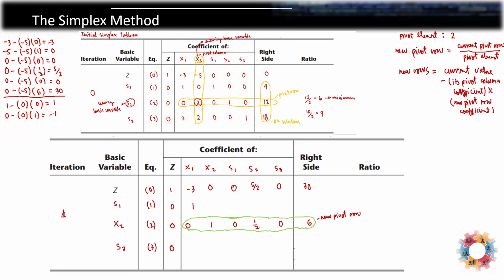Rather, that's 0. Next, you have 1, so 1 minus 0 times the corresponding pivot row coefficient, and the new pivot row coefficient is 0. So you have 0, right?